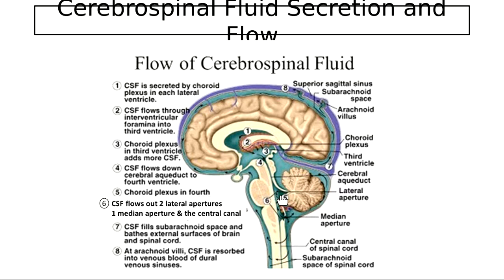Look at number 7. Cerebrospinal fluid fills the subarachnoid space. Remember I told you the subarachnoid space is where cerebrospinal fluid circulates. And it's the space that has the collagen and elastic fibers hanging down from the subarachnoid layer of epithelial cells. So cerebrospinal fluid fills the subarachnoid space and bathes the external surfaces of the brain and spinal cord.